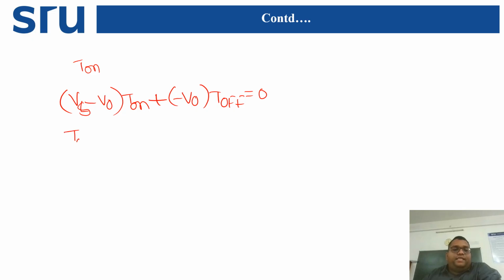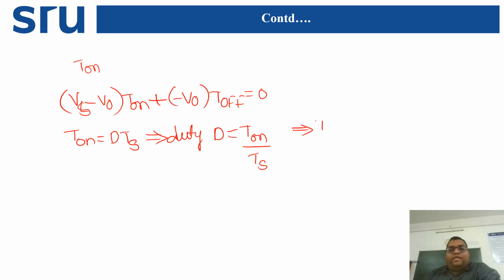Now, what is T on? T on is nothing but D times Ts, as we know from the duty cycle formula, duty D is equal to T on by Ts. This is the fundamental thing which we have to observe. Now, T off is equal to 1 minus D times Ts. These are the two fundamental things.